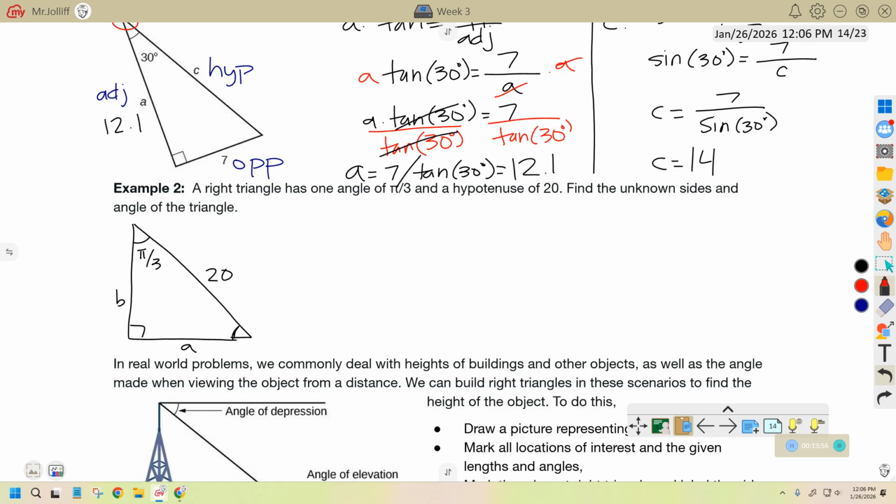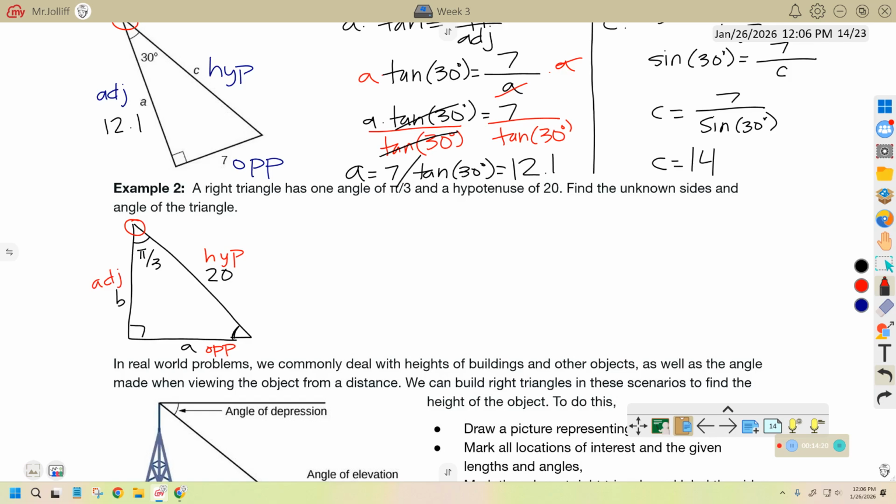My given angle is up here. Which side is my opposite side? B, B, A. Adjacent side? B. Because we know 20 was our hypotenuse. That's how we label it. Good.